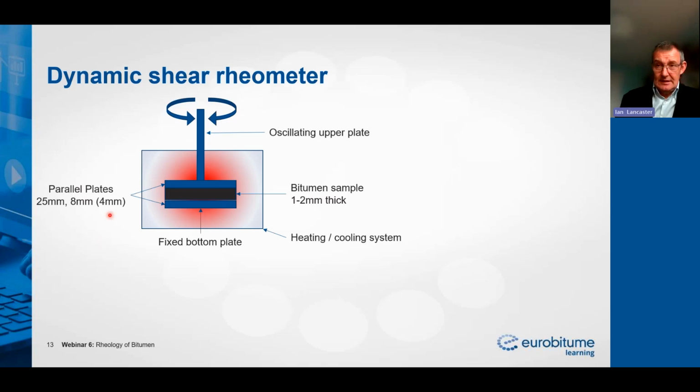Just very recently, there's work being published on using a 4 millimeter plate, and that's to characterize our really very stiff materials. So depending on the temperature range that we're operating in and the properties of the bitumen itself, we either operate 25, 8 or 4 millimeters in diameter and a sample that is 1 to 2 millimeters thick.